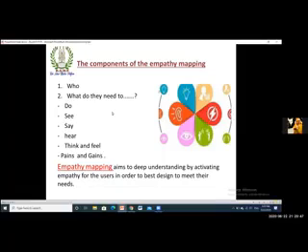Maybe there is some confusion now about this empathy mapping, but in the next slide you will understand it deeply. Empathy mapping aims at deep understanding by activating empathy for the users, in order to design best to meet their needs or satisfy their requirements.